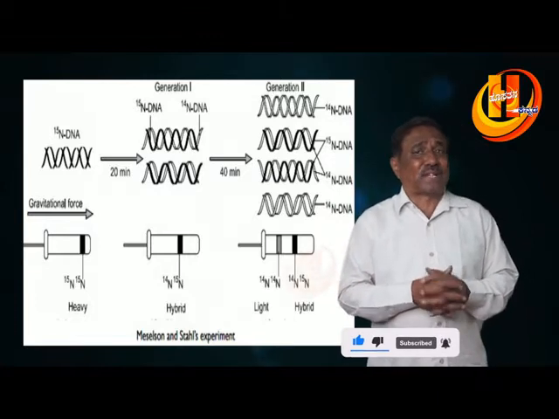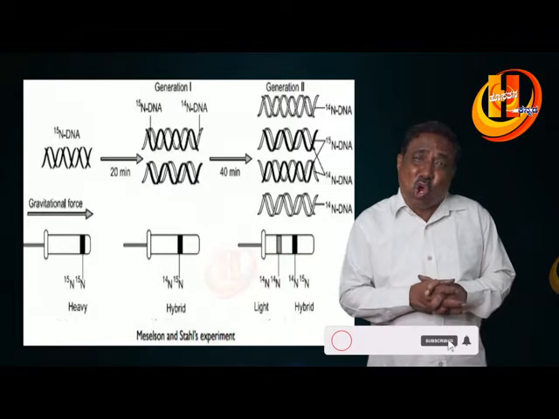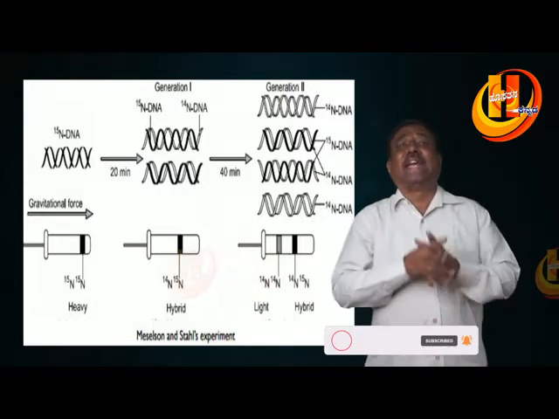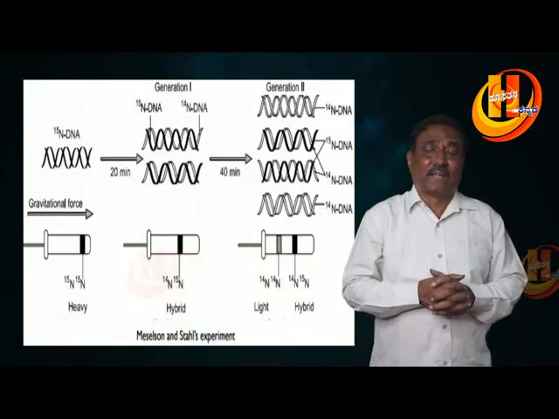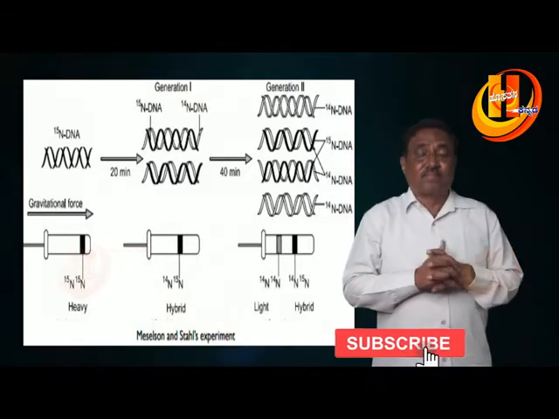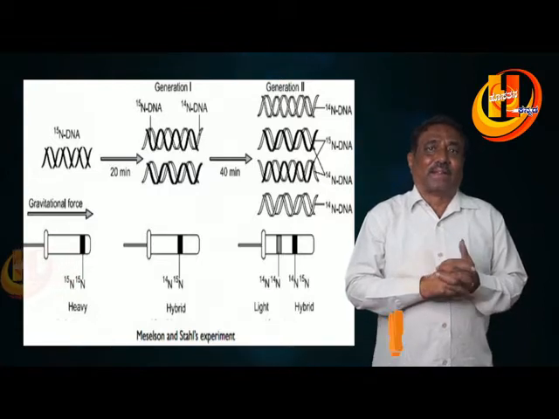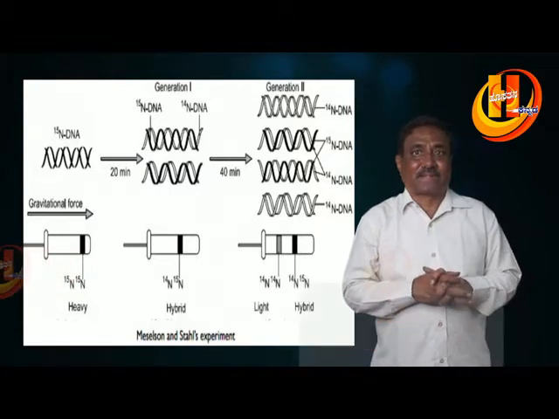Semi-conservative replication was first noticed by Matthew Meselson and Franklin Stahl in 1958 by conducting an experiment. They took Escherichia coli for these experiments.